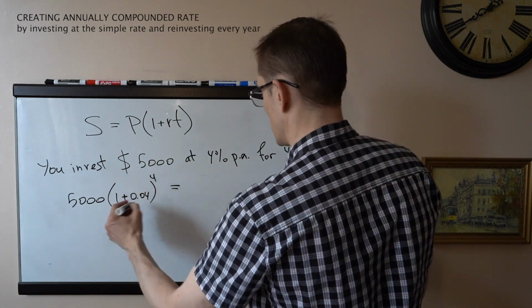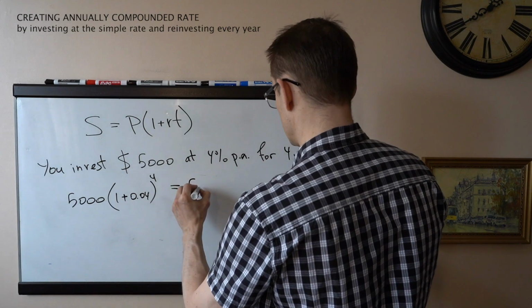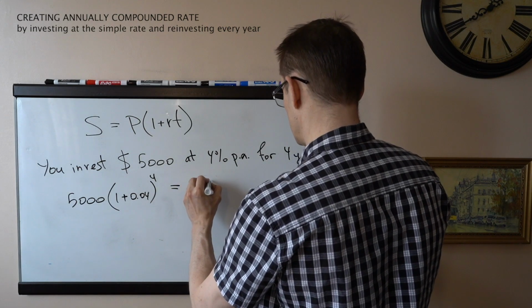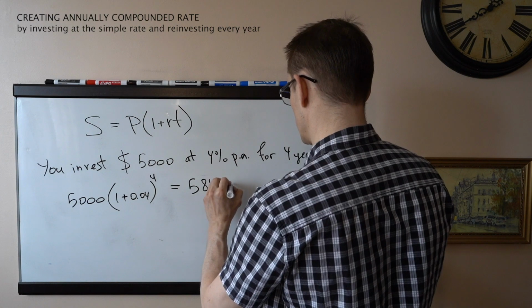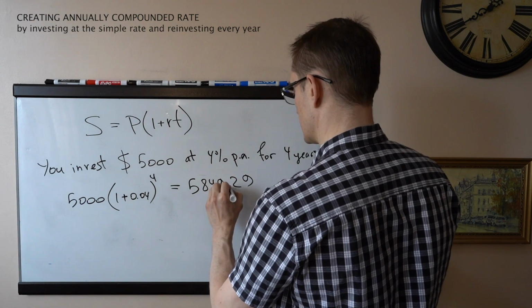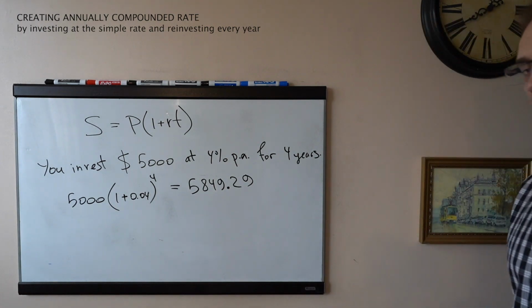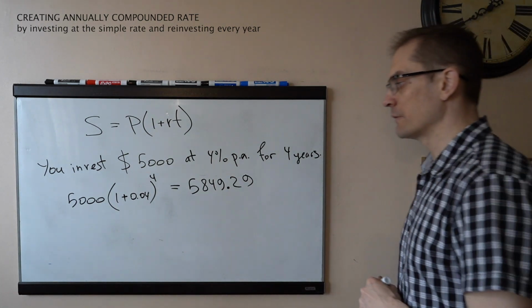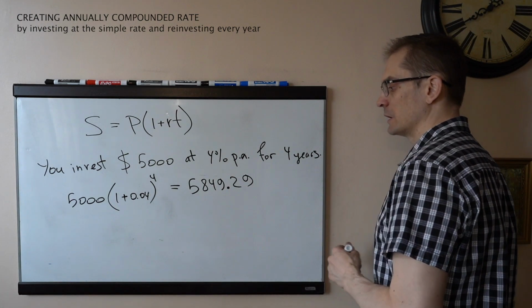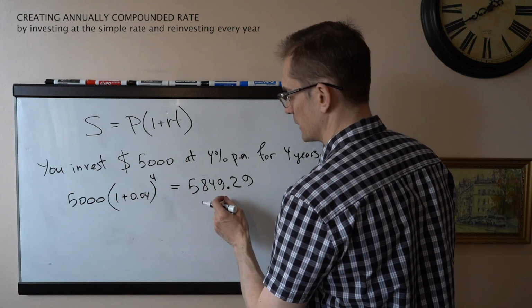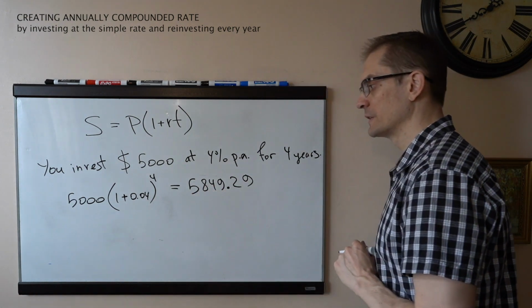So this will become 5,849.29. So if you reinvest your amount every year for 4 years, it will be 5,849.29.